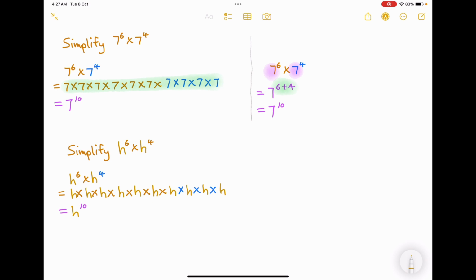Because this is algebra, we do not need to write the multiplication sign. The base is the same.